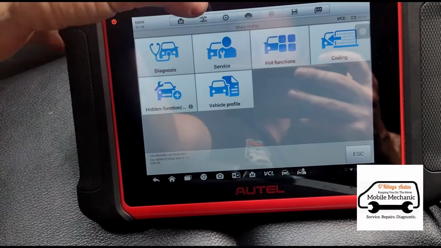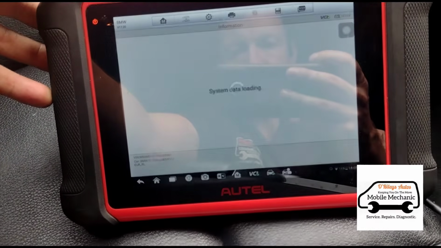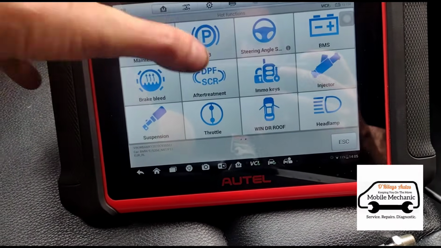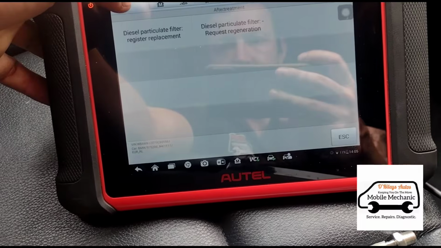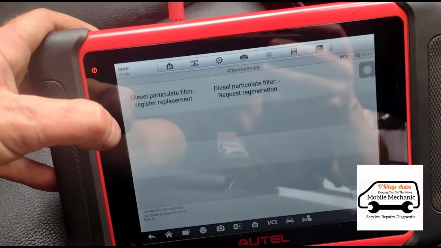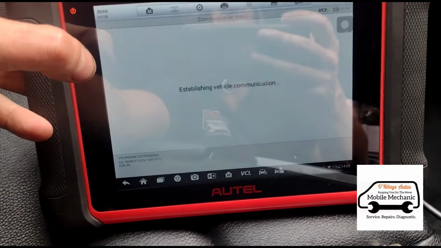I'd go to, so it depends on the car, but it's usually in hot functions, and then we'd have to go in and see if we can find a DPF and register a replacement. So it'd have different wording for different models of cars. On a BMW this one is saying register the replacement of a DPF.